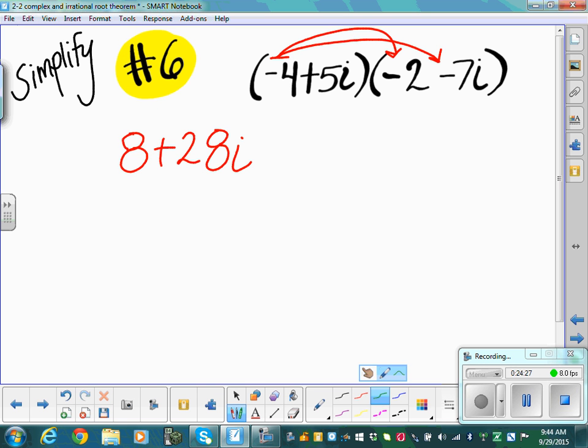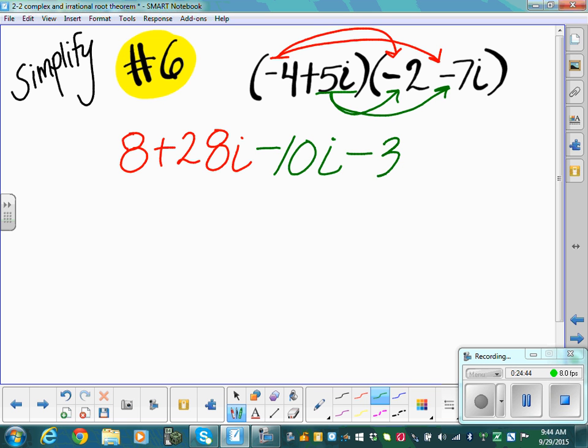Now I'm not done. I've got to distribute the second term through to each thing. 5i times negative 2 is negative 10i. And then positive 5i times negative 7i is negative 35i squared.